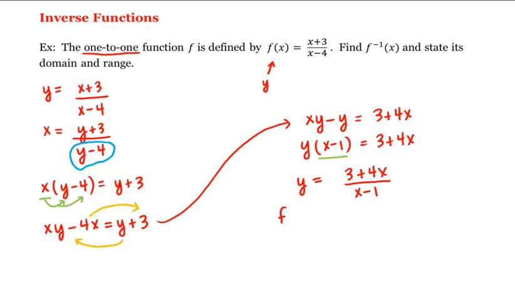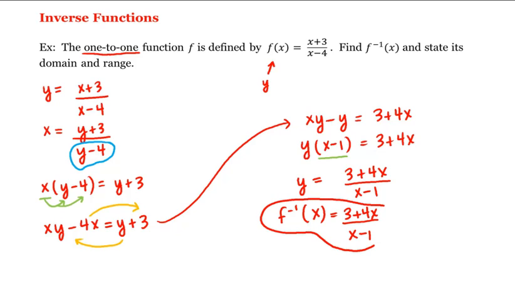And this is f inverse. So f inverse of x is equal to (3 + 4x) divided by (x - 1). So here's our inverse. However, we also are asked to find its domain and range.